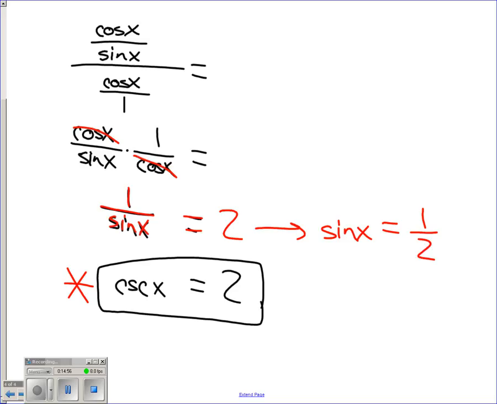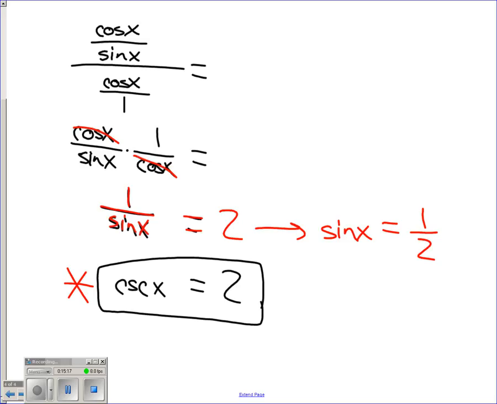Well, now that's a different trig function, but it's one that we know something about. I don't know the cosecants, but I do know the sines and cosines, and when I've got a sine that's equal to 1/2, that makes me start thinking, what's my radian measure there? What's my degree measure?